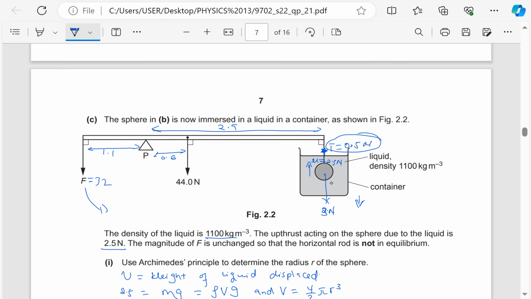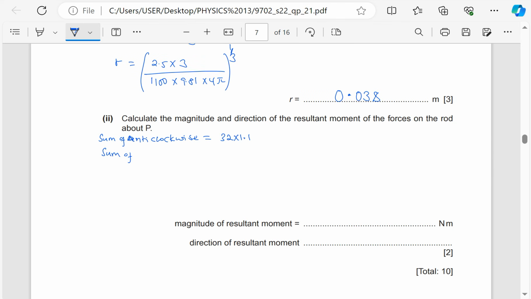The unbalanced force acting downwards is 0.5 newtons, which is also causing a clockwise moment. So for clockwise moments, we have the weight of the rod, which is 44, times the perpendicular distance, which we got as 0.6, plus the unbalanced force, which is 0.5, because the upthrust reduces the resultant force on the right hand side. So it is 0.5 times the perpendicular distance, which I think was 2.9.